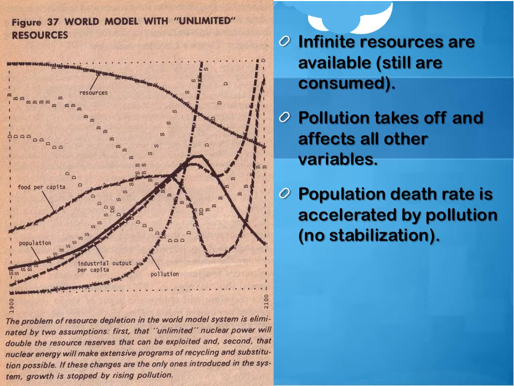The assumption is that more pollution will affect population growth because it will increase the risk of death. People will get sick because the water is polluted, the air is polluted. So population is indeed affected by it.